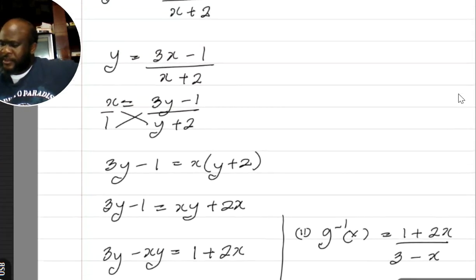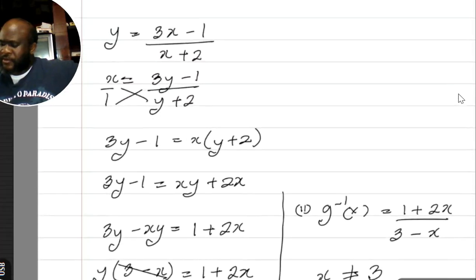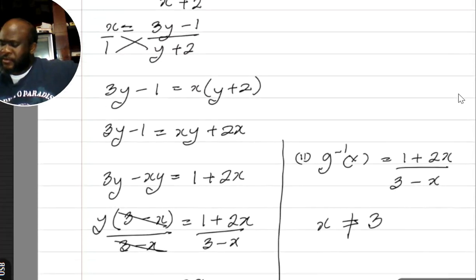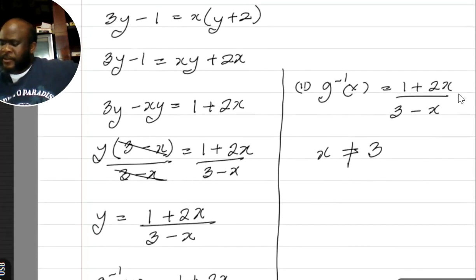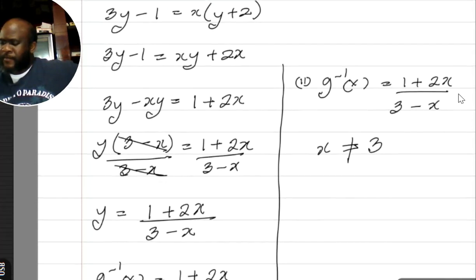Double checking to see if I did anything wrong. No, I don't think so. So therefore, g inverse of 3 has no value.